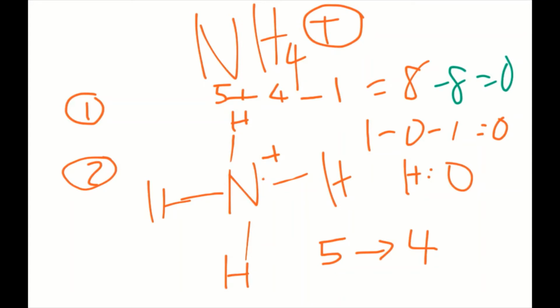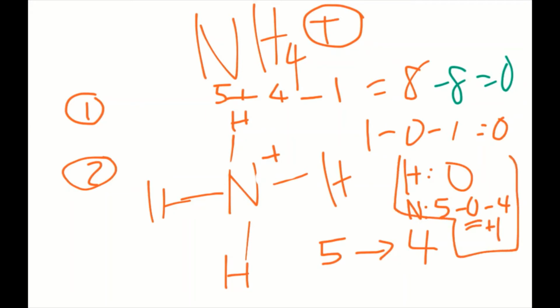Now what about the nitrogen? Well, the nitrogen typically has 5 valence electrons, and it has 0 non-bonding electrons. Now I don't know why there's a dot there, but it's not supposed to be there, so I just erased it. So there are 0 non-bonding electrons, and there are 4 single bonds, so it's worth 4 in total, and the formal charge on nitrogen is +1.